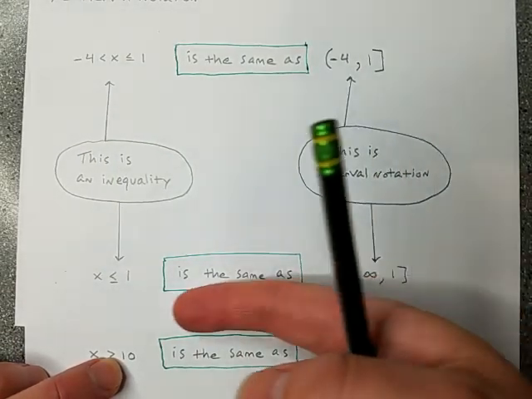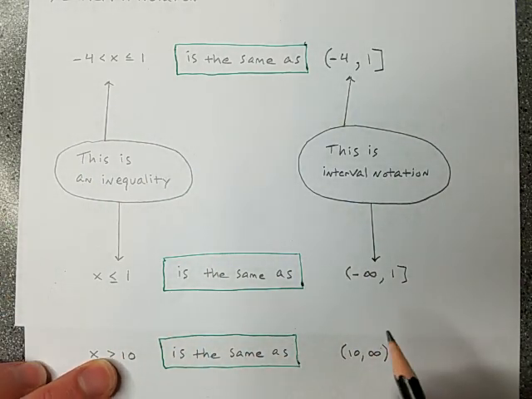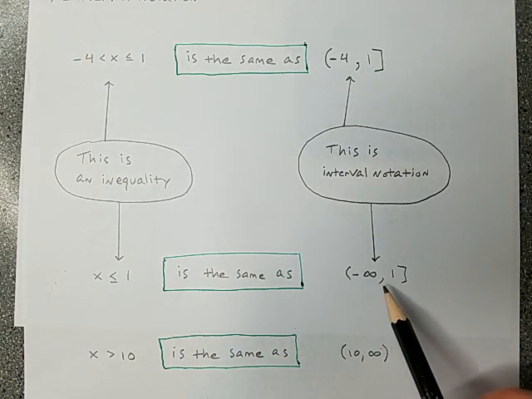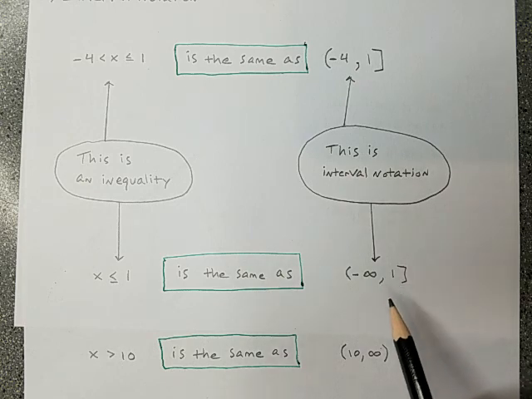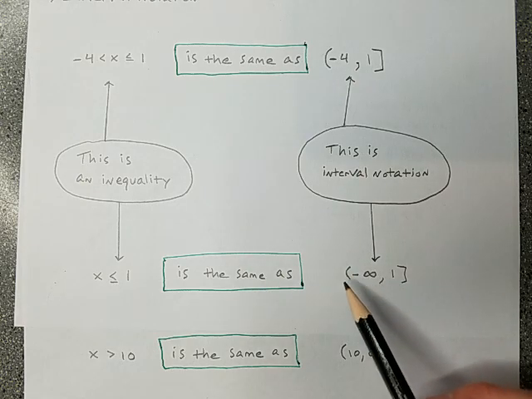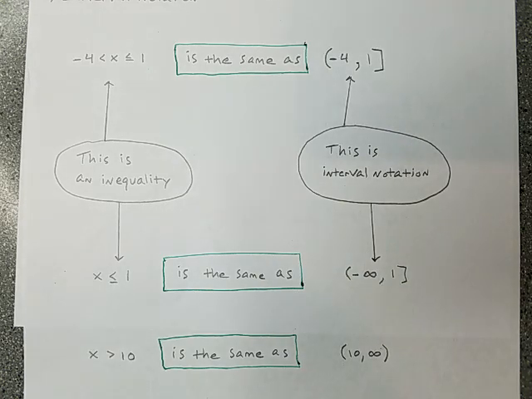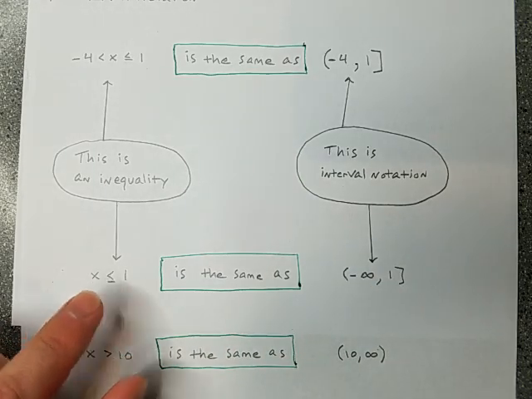The negative numbers are that way, so negative infinity is all the way that way. So x less than or equal to 1 will be parentheses negative infinity, comma 1 bracket. We're including the 1. We always put a parentheses on infinity. The reason is, infinity is not actually a number. It just expresses the idea that we're going all the way to the left.